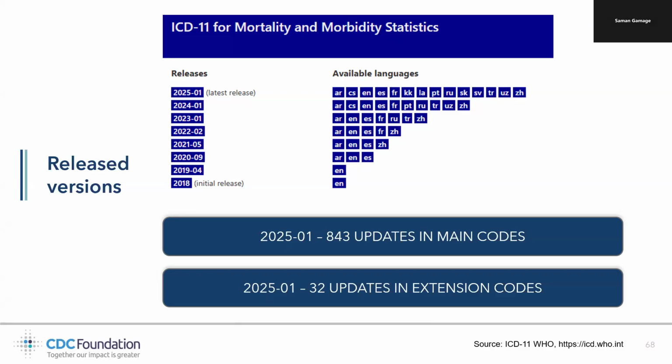Every year in January or February, we can expect a new version of ICD-11. And it's a digital platform, so you don't have to buy new books as you did for ICD-10. No printed volumes. It's a digital platform, so it's easy for updating purposes.